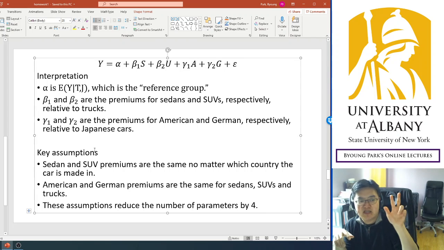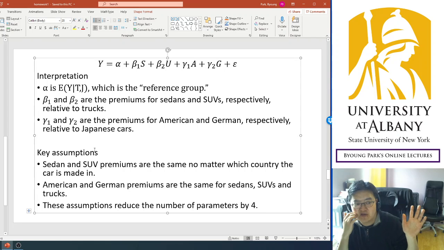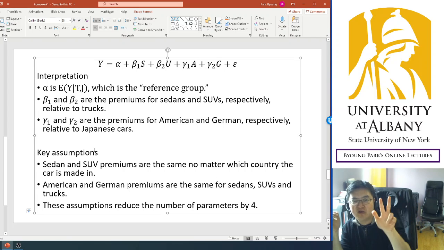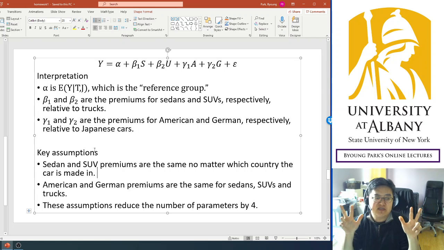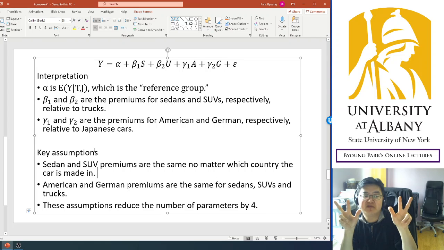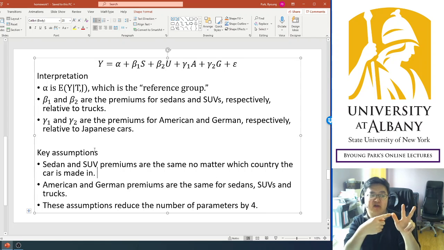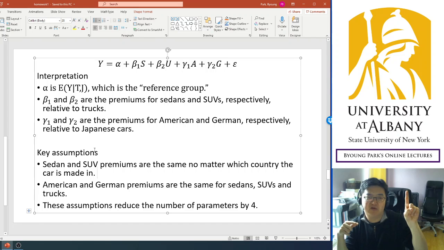So there are 3 sedan premiums and 3 SUV premiums in the fully general model. So sedan premiums for 3 countries and SUV premiums could be different in 3 countries. So there had to be 6 parameters, but you assume that the sedan premiums are the same in 3 countries, so they reduce to 1.